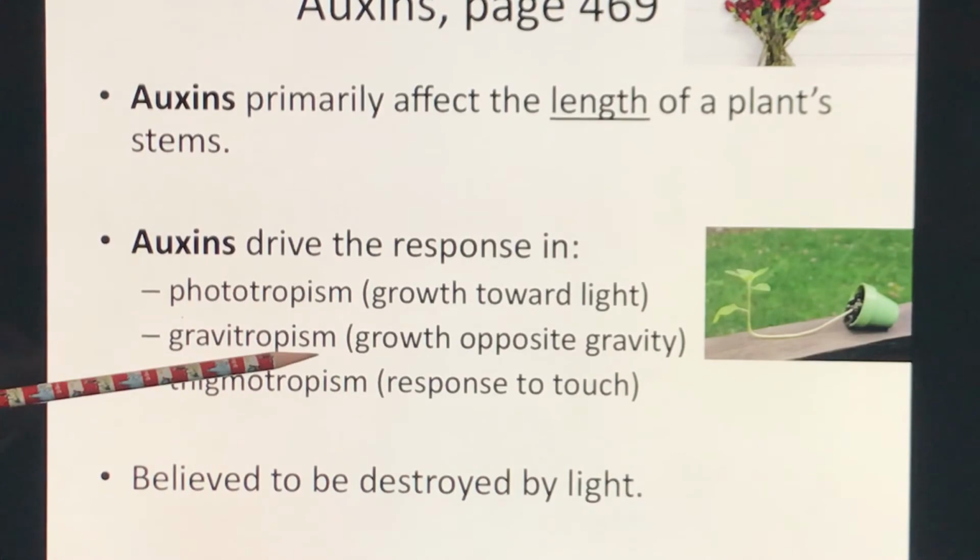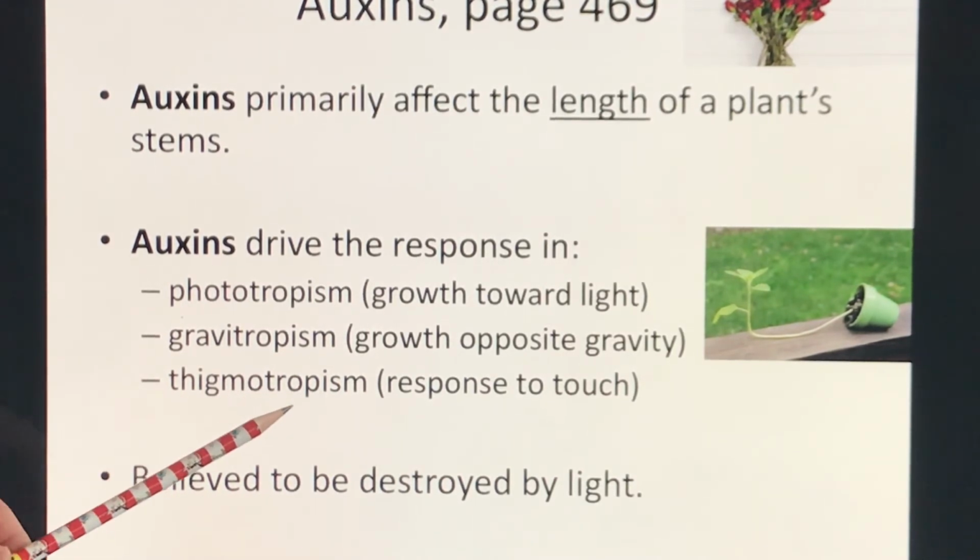In this case, it's growth opposite the center of the Earth's gravity. So when a seed is planted in the soil, it's growing away from the center of the Earth. And then we have thigmotropism, which is a response to touch. And scientists believe that auxins are destroyed by light.